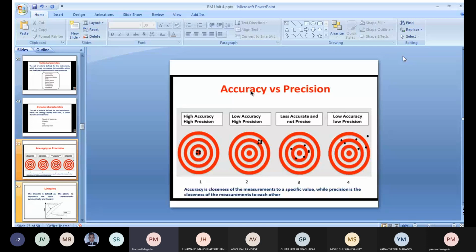In the third figure, you can see less accurate, again not at the center, and not precise, because the readings are far away from and different from each other. The fourth figure shows low accuracy, deviating from the center, and low precision, with no relation between the readings. So that is the first part of the static characteristics in measurement.